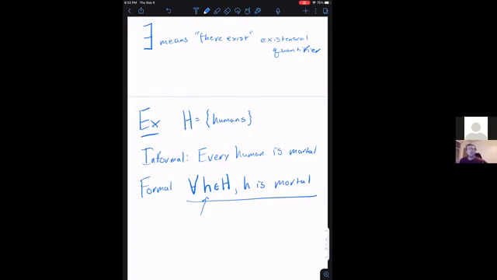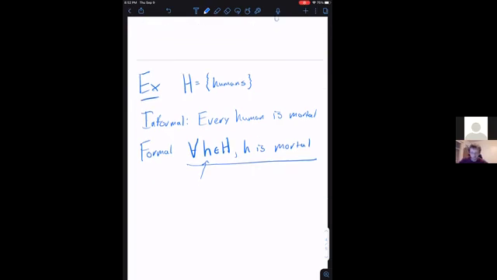So we could look at some other examples, and try to find maybe some counterexamples.